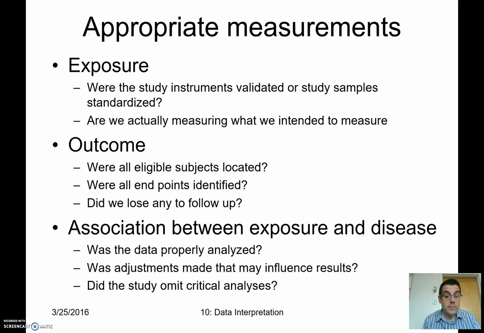Did we make the appropriate adjustments that may influence those results, or did we make adjustments that may influence them in an inappropriate way? Did we do all the necessary analyses to critically analyze, or did we omit certain analyses, or did scientists do that because the study findings didn't go their way and they still wanted to present the data?